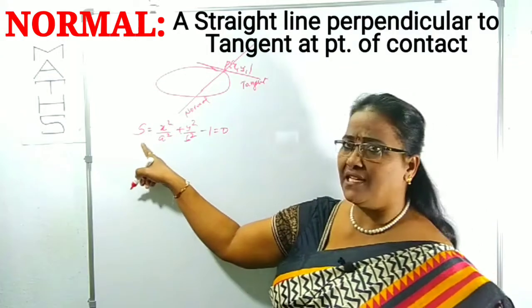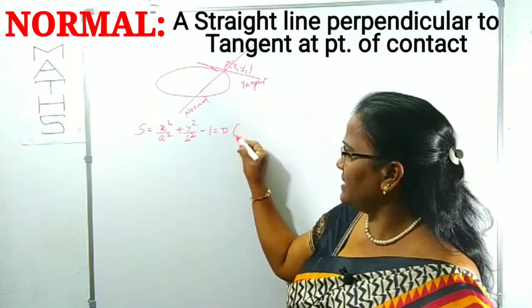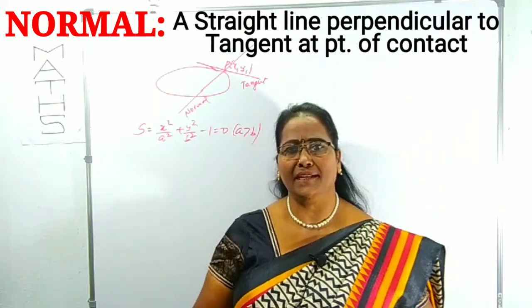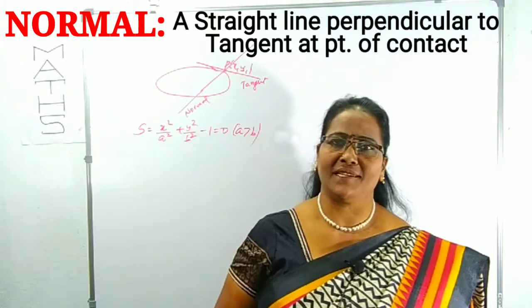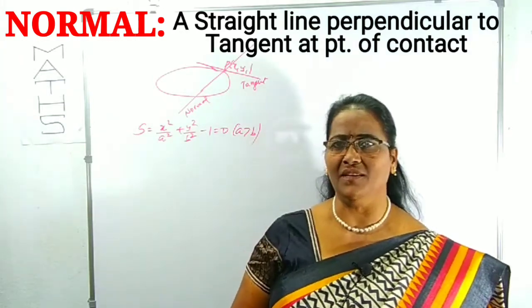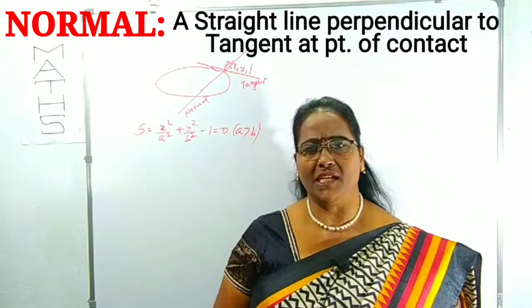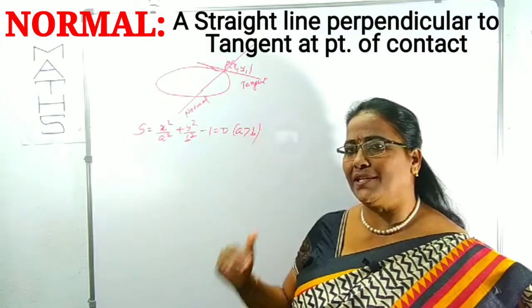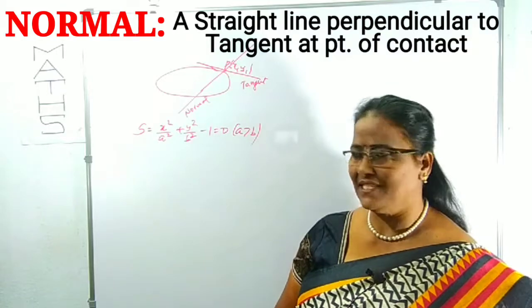This is denoted as S, the standard notation, where a is greater than b. In case of a greater than b, you know very well, the major axis is along the x-axis and the minor axis along the y-axis. I already discussed the various contents in previous videos, you can watch them. This video is exclusively normals and their applications.